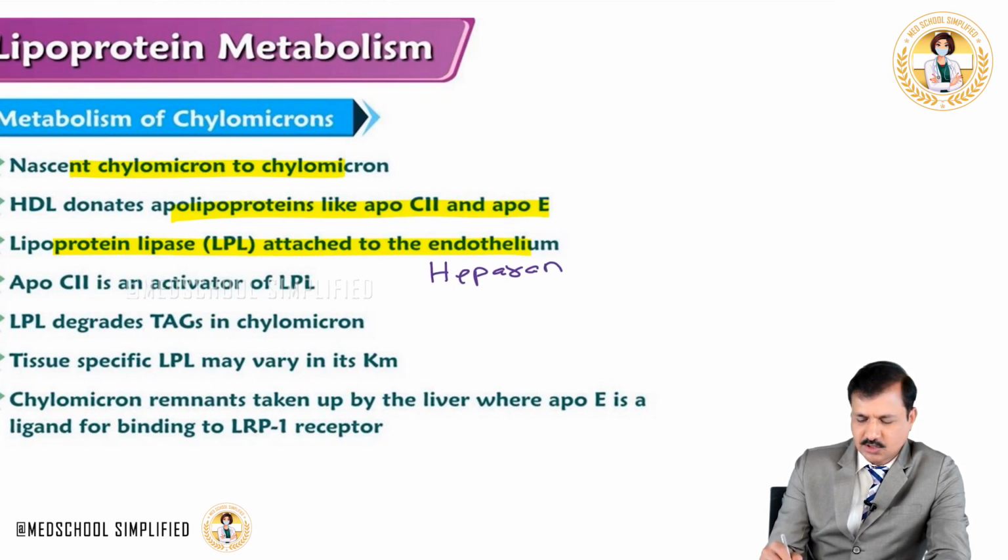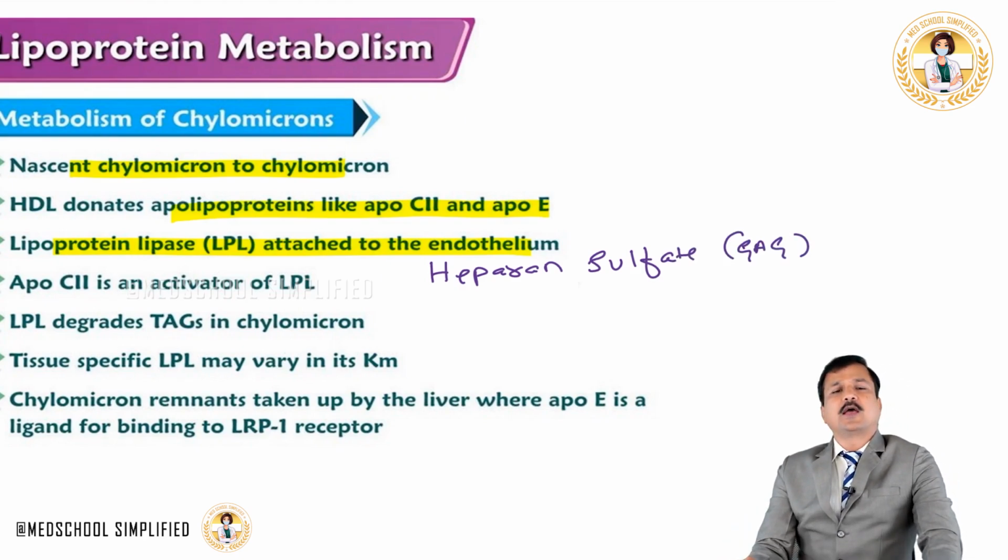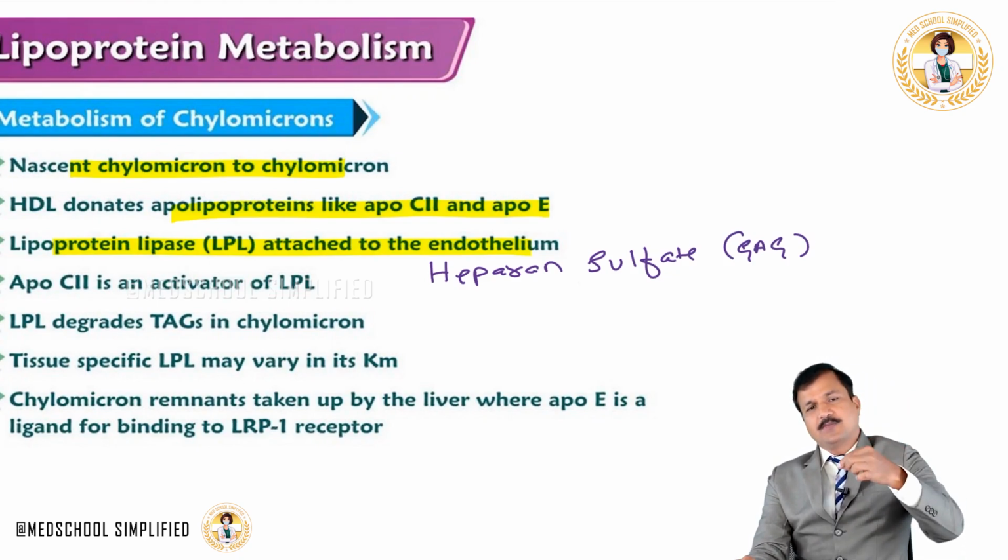Make sure you remember this also. I forgot to explain this in the previous slide. Heparan sulfate is a type of glycosaminoglycan expressed over the membrane, and it is the one that attaches lipoprotein lipase to the endothelium.